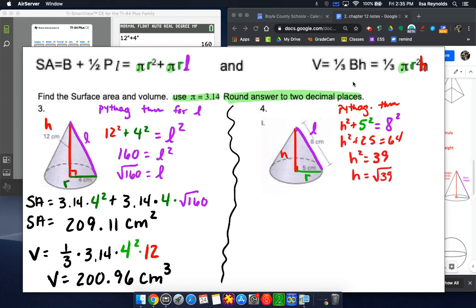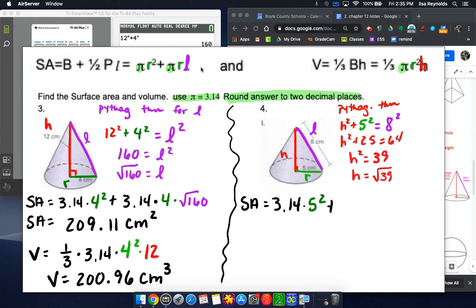So let's start with our surface area formula. Our surface area formula, pi r squared, so 3.14 times the radius value of 5 squared. And then we add pi RL.